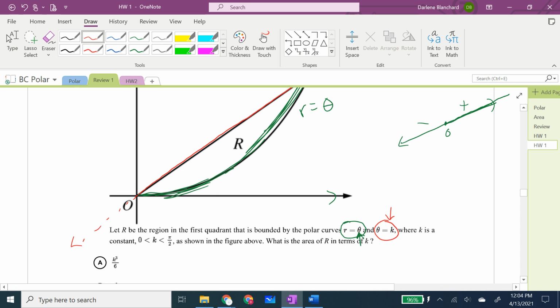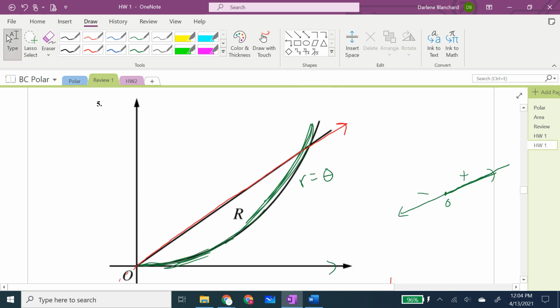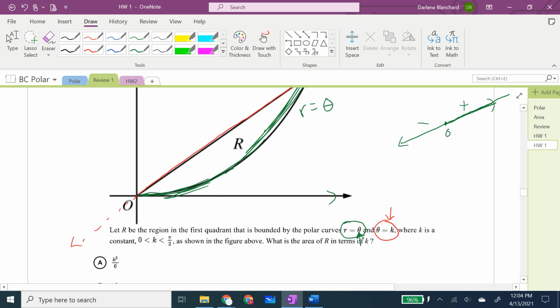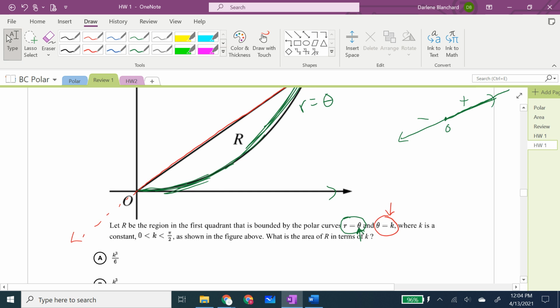Now they are telling you that the region is bounded by those two curves. So you should be able to see now that this is the equation theta equals k. And they do tell you that k is somewhere between 0 and pi over 2. So you know that you're dealing with quadrant 1. It did say that.